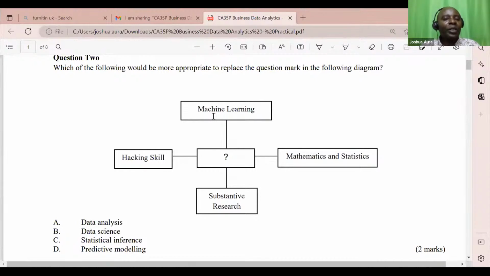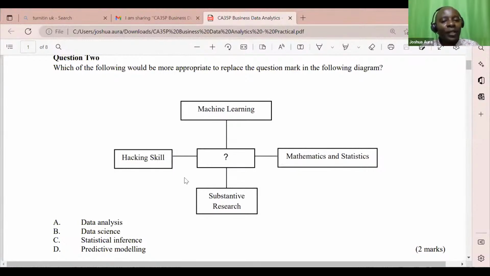Once we bring out the data that we need using this machine learning, ladies and gentlemen, substantive research, we shall be able to keep on getting more data, because we're talking of big data. And of course, we shall be able to change this data to information. Now we are making use of statistics.